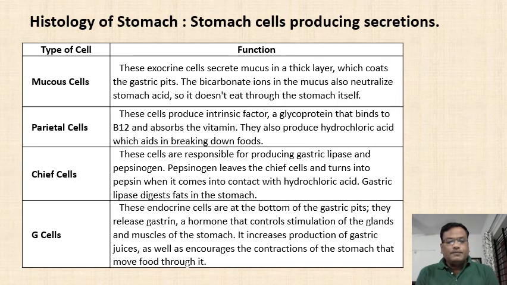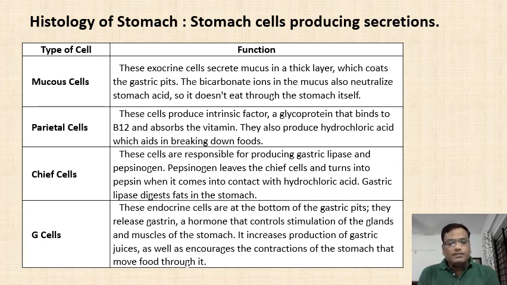And the pepsin is actually a protein digesting enzyme. So the protein and lipid digestion begins in the stomach. A very little amount of digestion happens in the stomach, and it is mainly due to the chief cells.